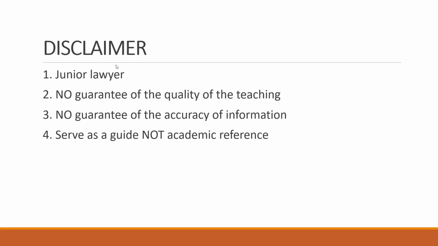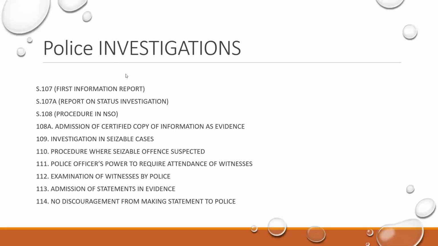I'm going to go through with you today the police investigations. The important sections that assist the police in order to execute their jobs well are laid down in sections 107 up to 114 of the CPC, the Criminal Procedure Code.